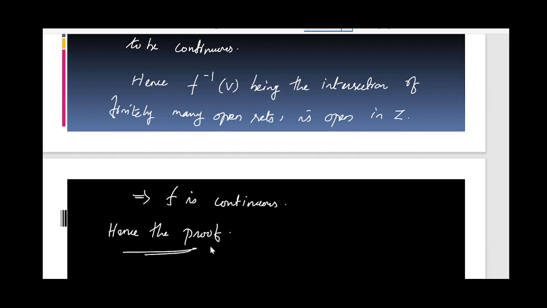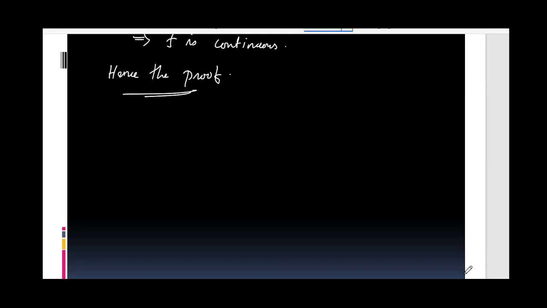Next we have some definition. 3.7 definition. Let X, Y be spaces. Spaces means topological spaces.